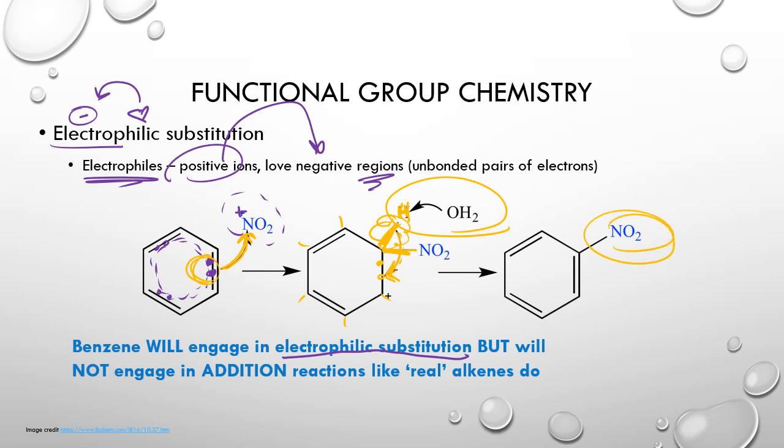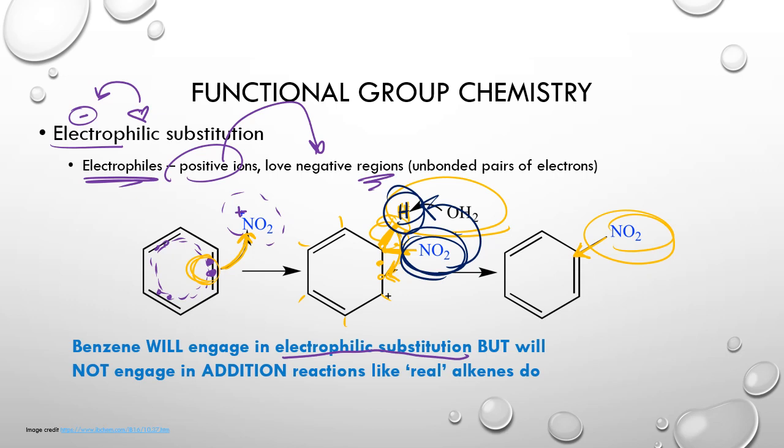And then this NO2 will be stuck here in this spot. We call it an electrophilic substitution because we substituted the NO2 for that H that I definitely scribbled all over. We replaced that H with the NO2, so that's why it's substitution.